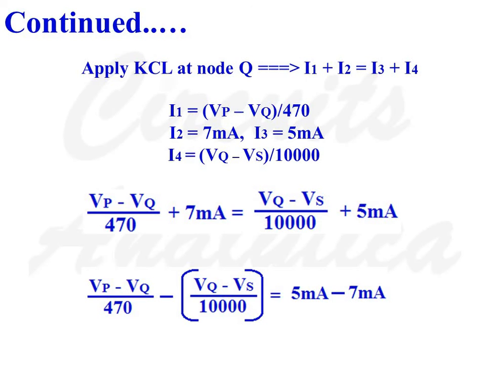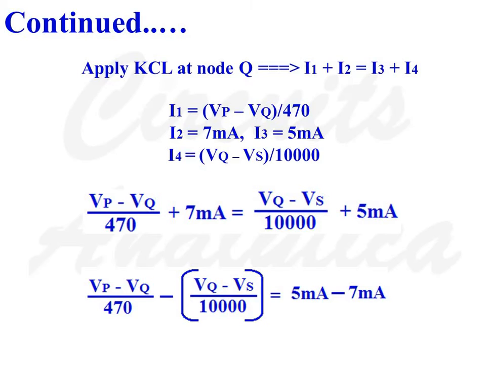Current I1 is given as Vp minus Vq divided by 470. I2 is equal to 7 milliampere, I3 is equal to 5 milliampere and I4 is equal to Vq minus Vs the whole divided by 10,000.